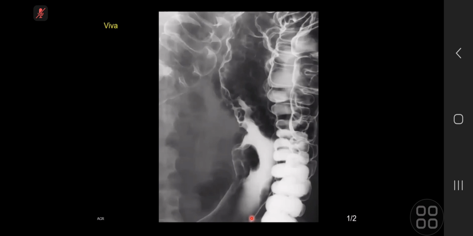The rest of the bowel is of normal caliber. So there isn't a halo sign or target sign to suggest there's an ulcer there. And I'm thinking whether these are multiple polyps.